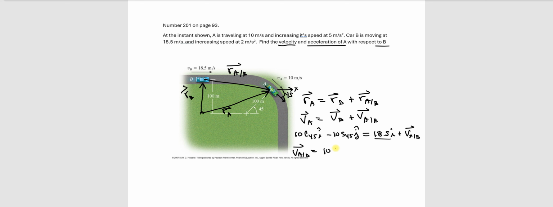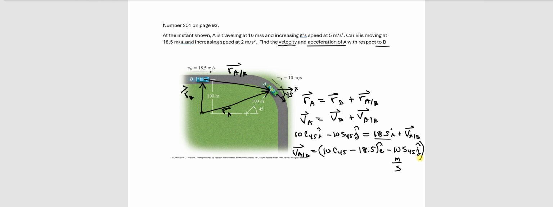So that's going to equal 10 cosine 45 minus 18.5 i, minus 10 sine 45 j. These are in meters per second. Boom.